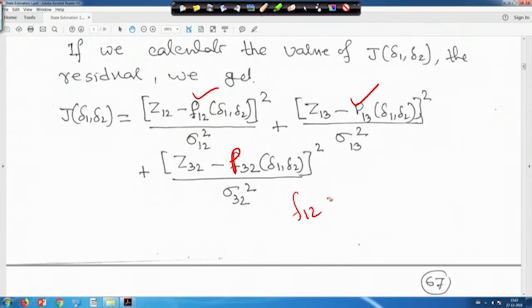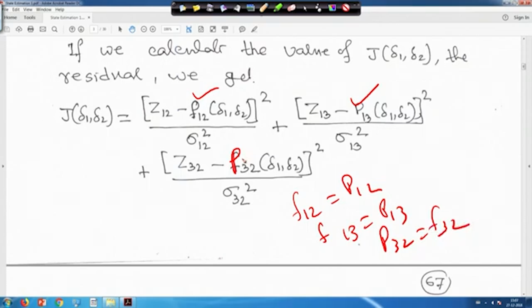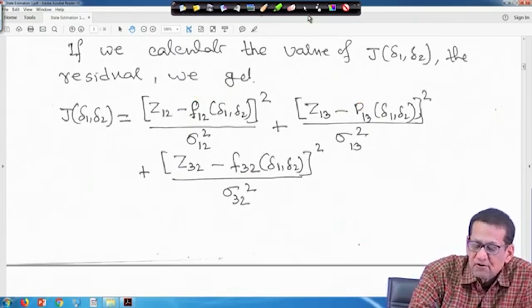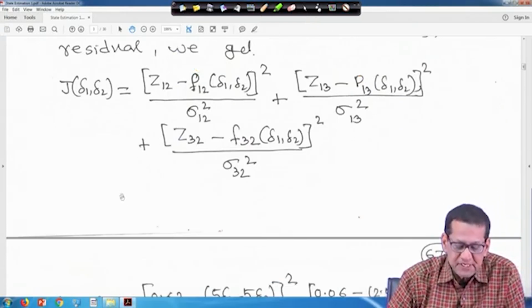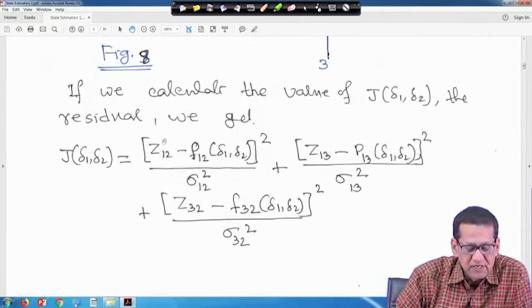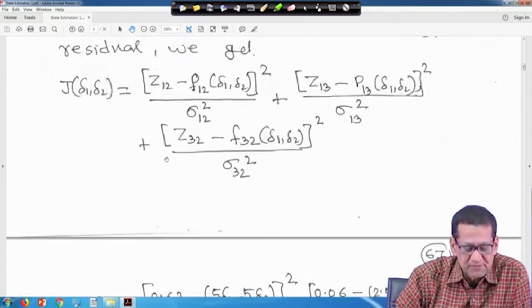We have seen F12 is equal to P12, F13 is equal to P13, and P32 is nothing but F32. So this is P32 or F32, same. All these are the measured values, that is W12, that is Z12, the measured value.